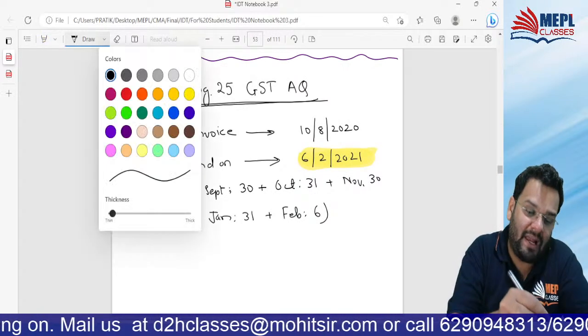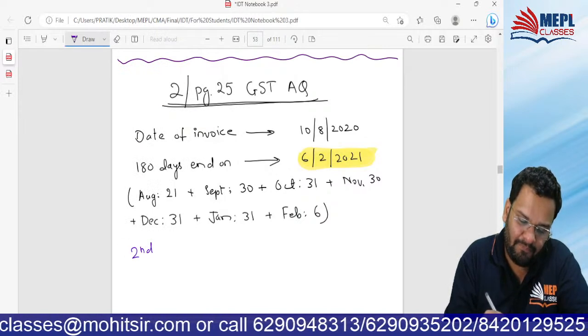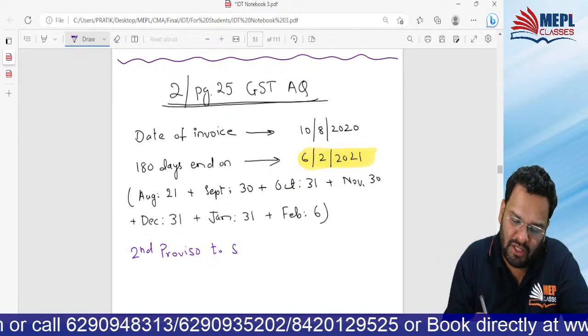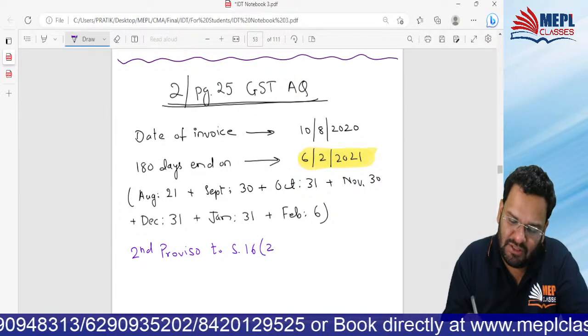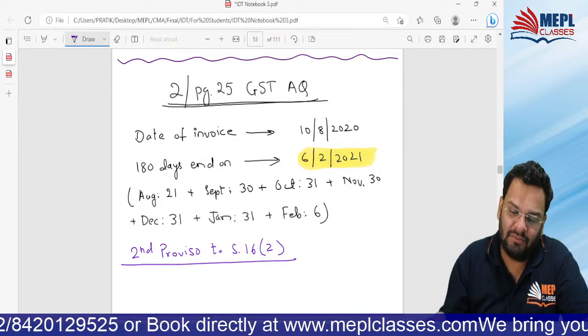You have to now apply the second proviso to section 16 subsection 2. Isn't it?